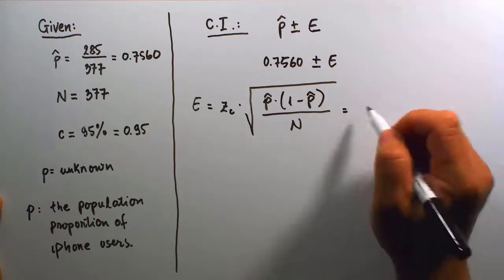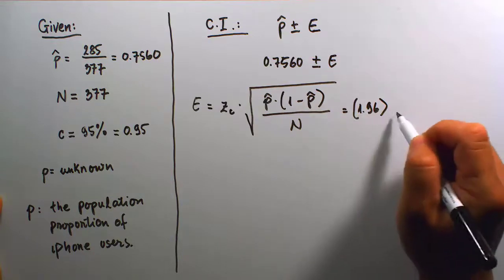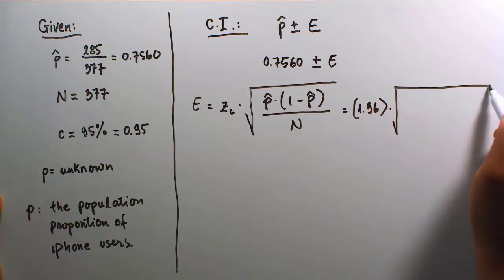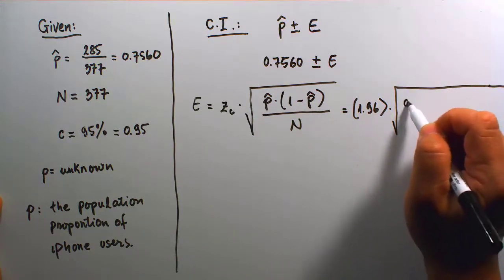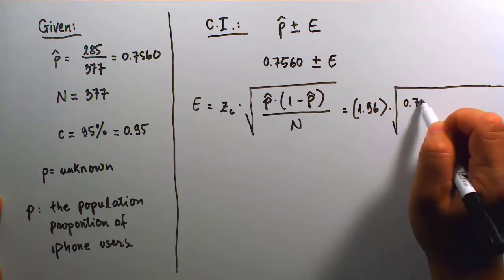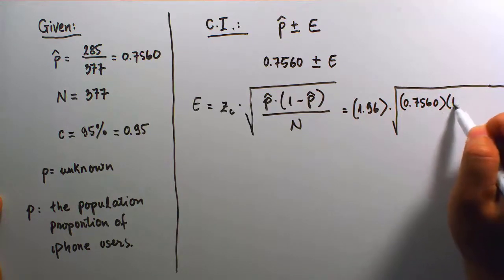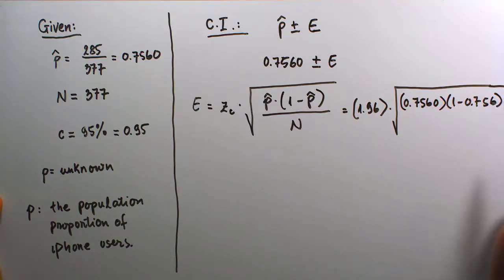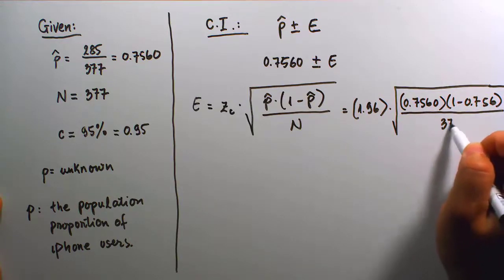1.96 is our z sub c. I'm going to multiply it with a square root expression. Inside the square root is this calculation right here: 0.756 times, in parentheses, 1 minus 0.756, divided by the sample size 377.